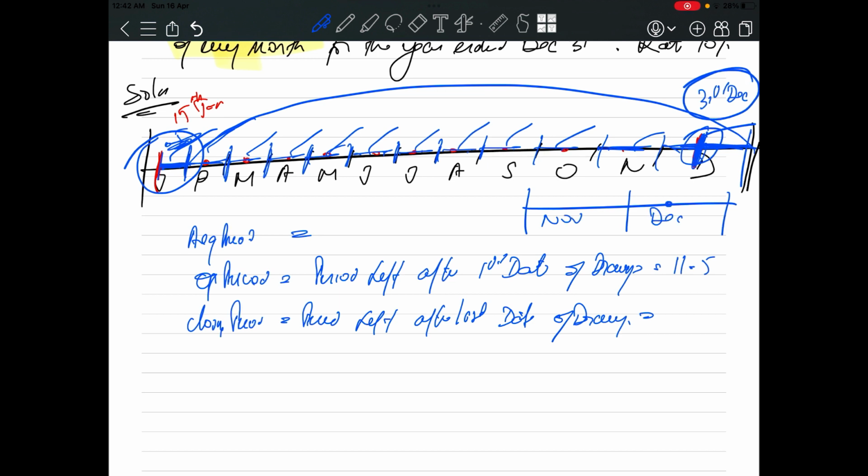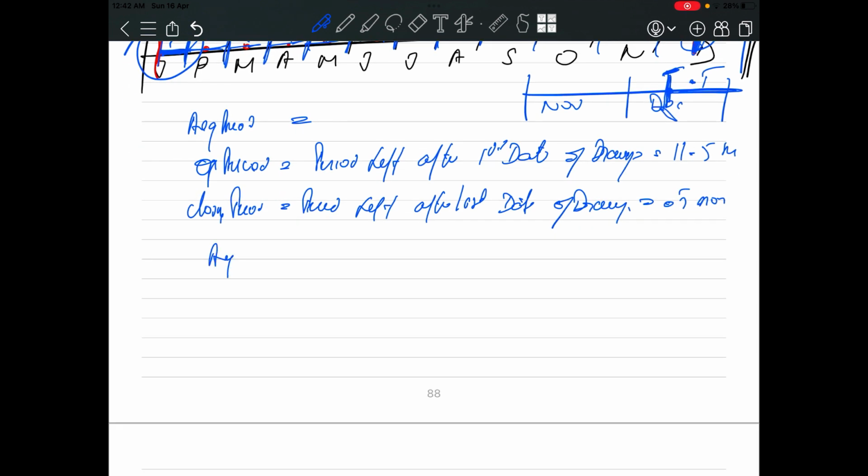Every month we withdraw in the middle of the month, so this is the point of withdrawal. So what is left after the point of withdrawal? It is 0.5 months. Now if I have to calculate the average, how will I find it? 11.5 plus 0.5 divided by 2, it will be 6. So 6 months.